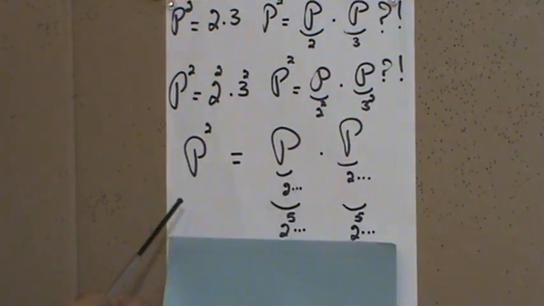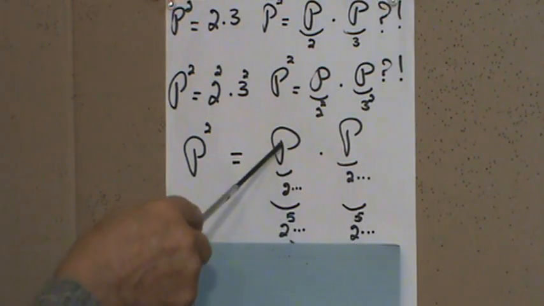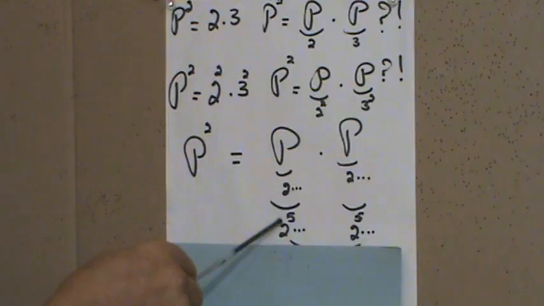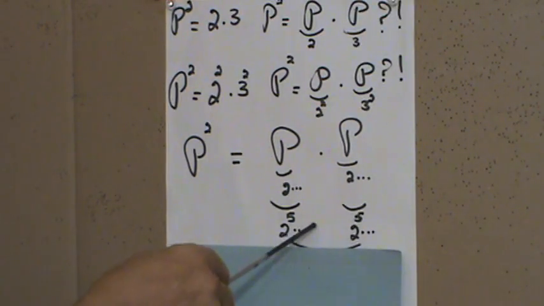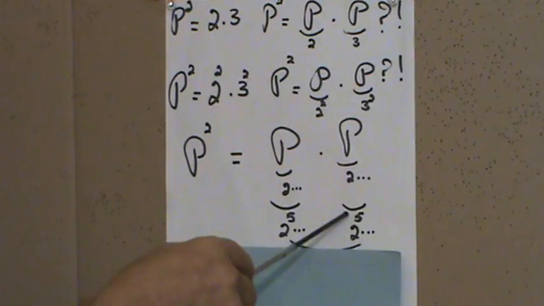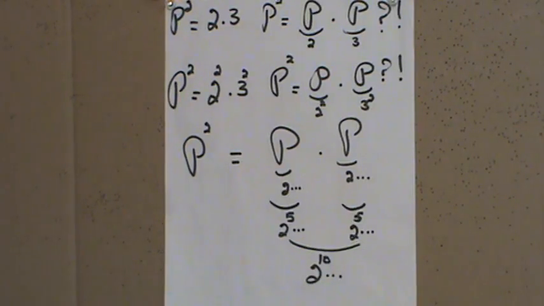Same is true here. We are not concerned about that because it doesn't affect our logic. As long as we know this one has 2 to the 5 factors of 2, same is with this. So together they will have 2 to the 10 factors of 2, which is an even number of factors of 2. You follow me?